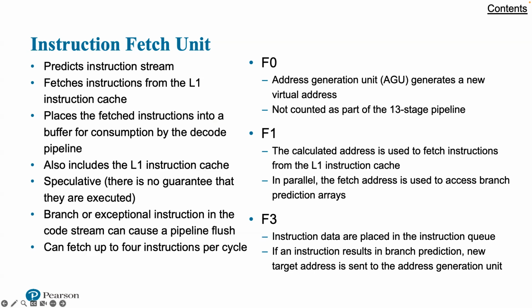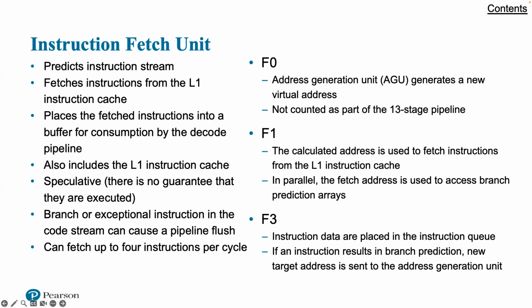Then there's F1, the calculated address is used to fetch instructions from the L1 instruction cache. In parallel, the fetch address is used to access the branch prediction arrays to determine if the next fetch address should be based on branch predictions. Then there's F3. The F3 instruction data are placed into the instruction queue.